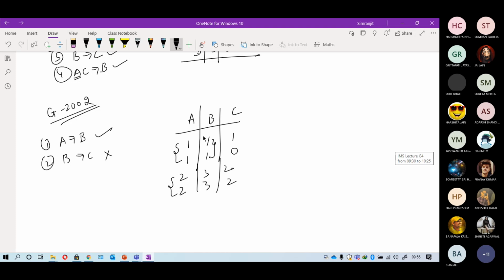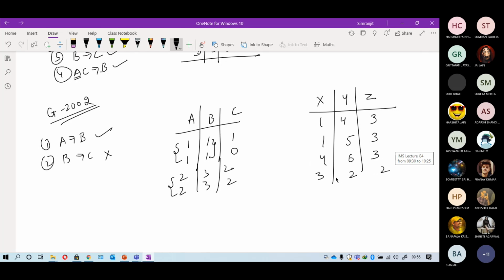Okay. So I'll give you one more GATE question. I'll give you X Y Z. It's again a GATE question. I do not remember the year, but check it. 1 4 3, 1 5 3, 4 5 6, 3 2 2. These are the options that are given.